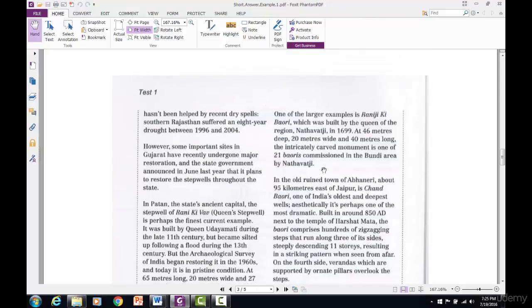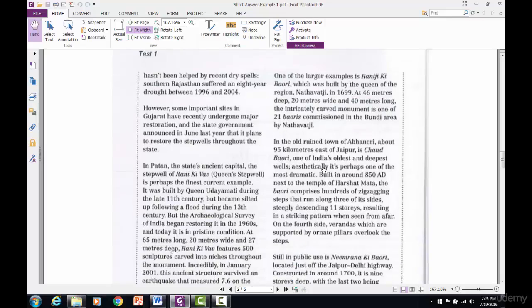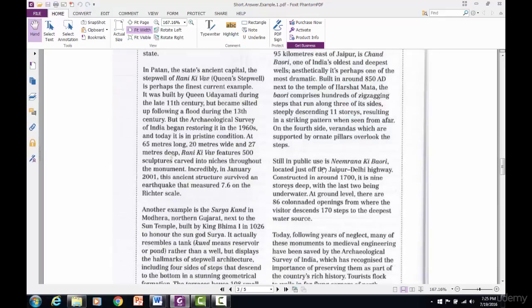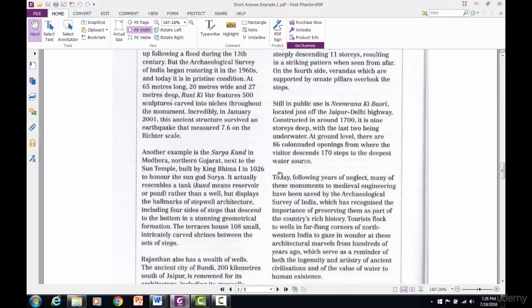Scanning. Boom. There we go. Today. Today is a synonym for nowadays.